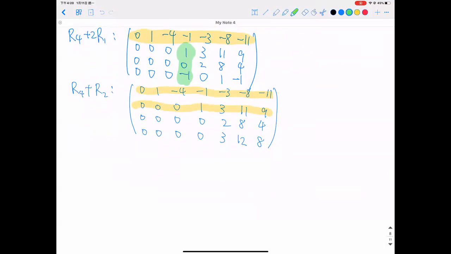And again, what to do? We need to identify the leftmost column containing a non-zero entry, and that's this. The first row already has one non-zero entry in this column, so that's good. Now what we need to do is to get rid of the other one.